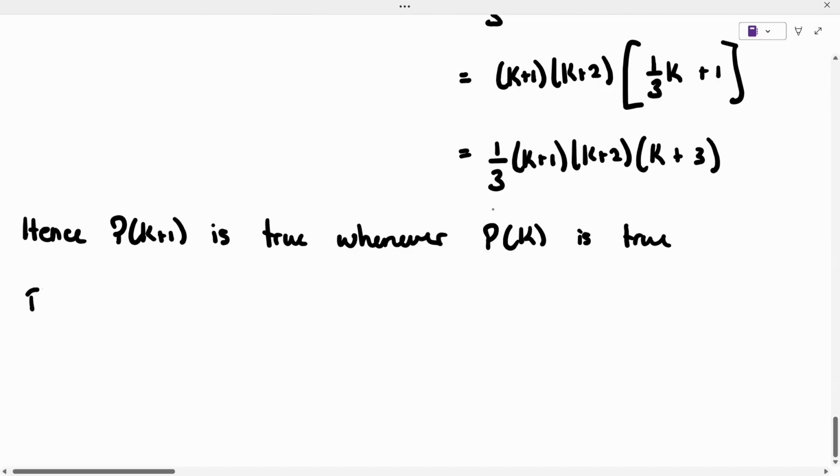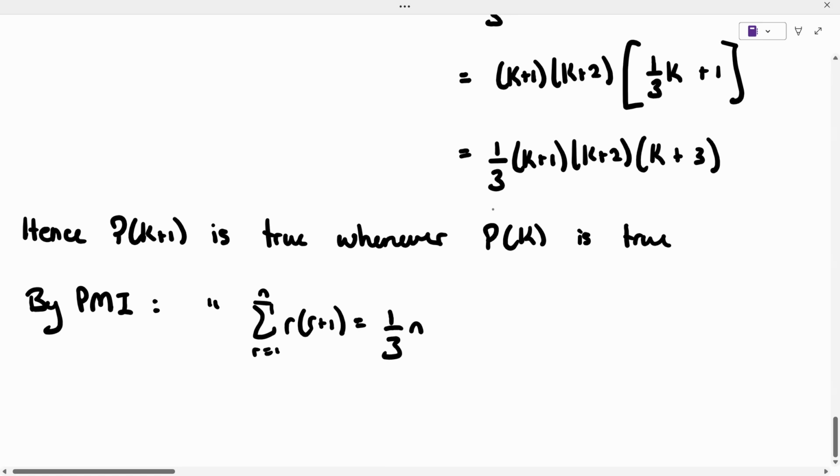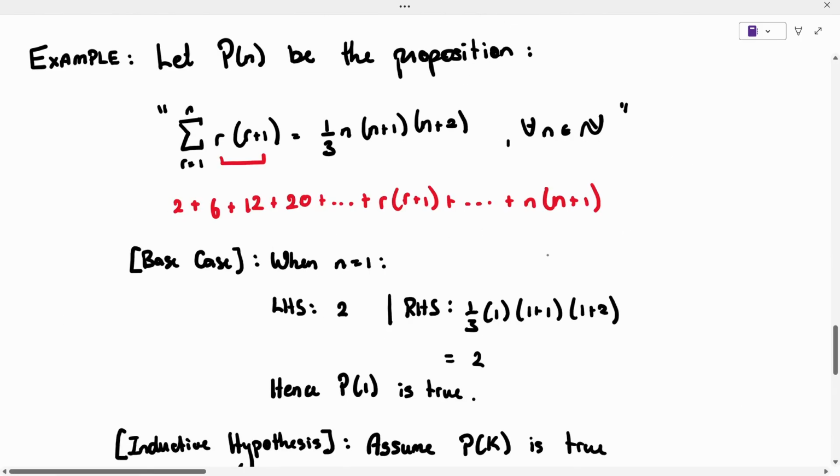So by the principle of mathematical induction, the summation from r equals 1 to n of r into (r plus 1) is equal to 1/3 n into (n plus 1) into (n plus 2) for all natural numbers n. And that's the proof. So I hope this helps.